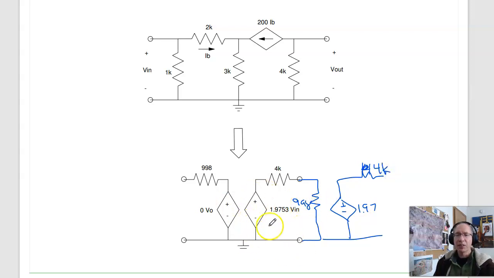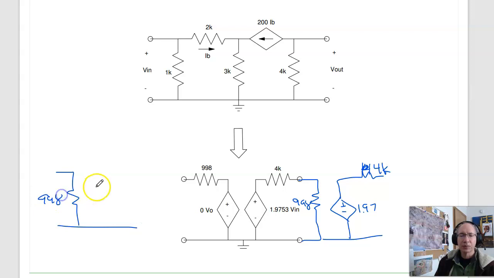Now find the Thevenin equivalent. Well, looking in is pretty easy, pretty obvious. Looking in, I just see 998 ohms. The output impedance is pretty easy to see. For the output impedance, I set the input to 0. That makes this 0, this makes this 0, which makes this 0, which makes this 0.